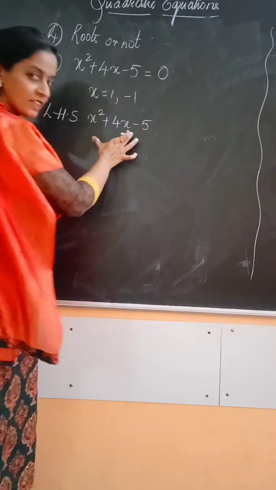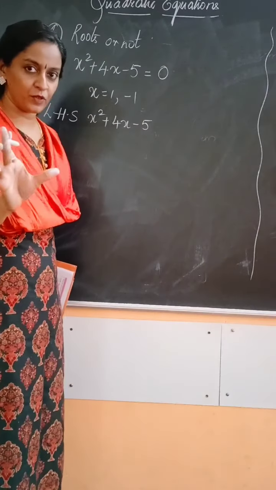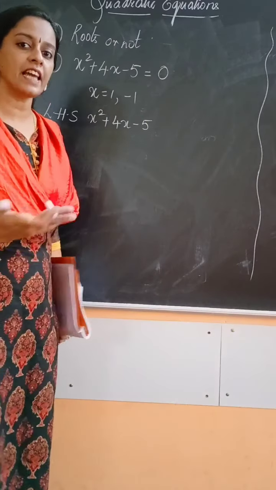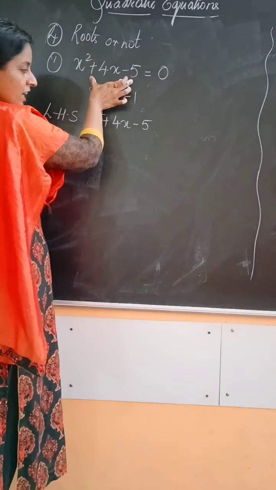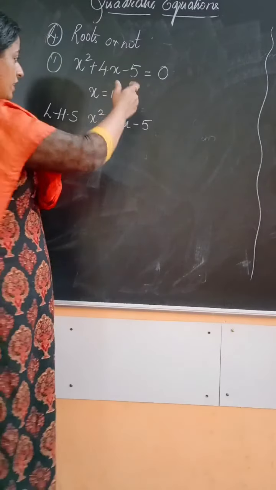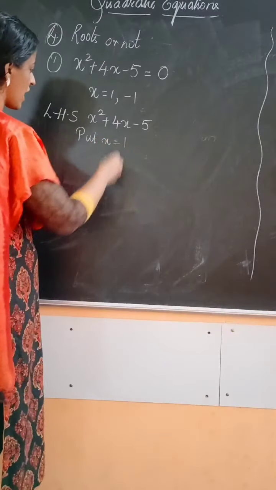Remember in the beginning I told you, this is a quadratic polynomial. If you put equal to, then it becomes an equation. So let us take the polynomial part and substitute the value given. So put x is equal to 1 and check.